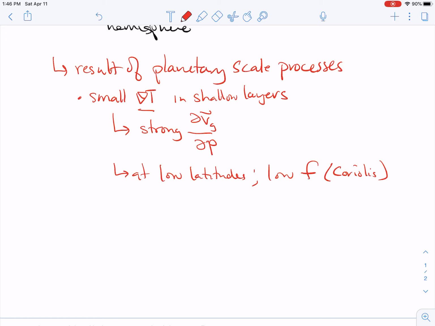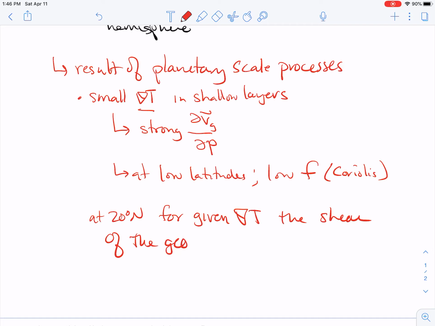And it turns out at 20 degrees north, for a given temperature gradient, the shear of the geostrophic wind, which is our dVg/dp term, is twice as large.